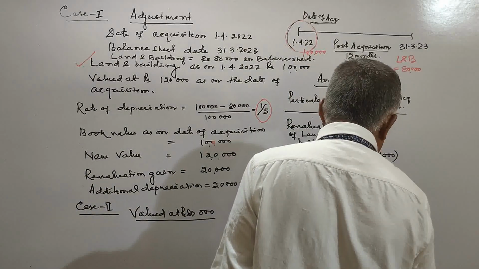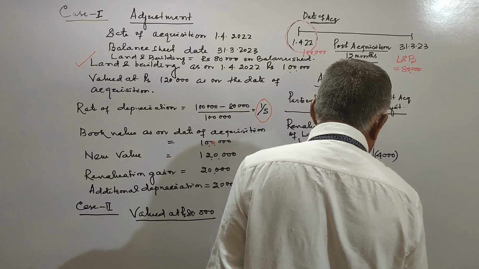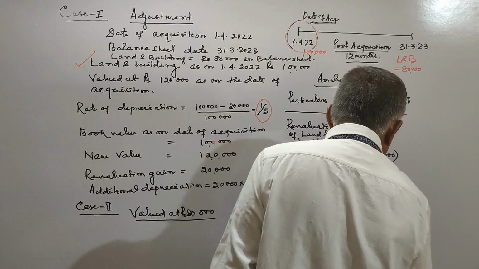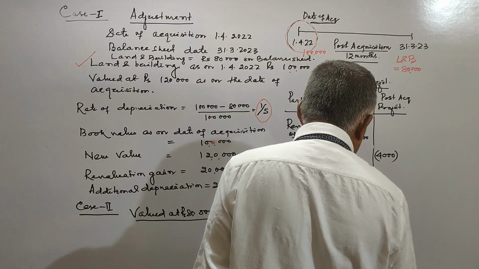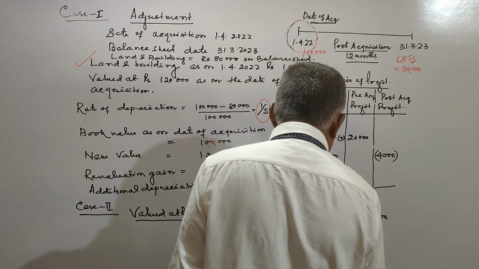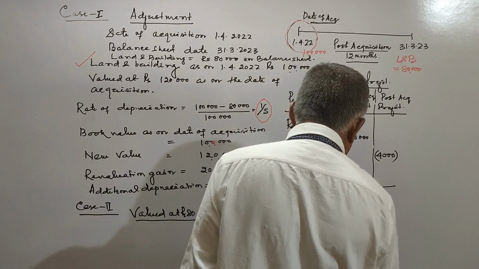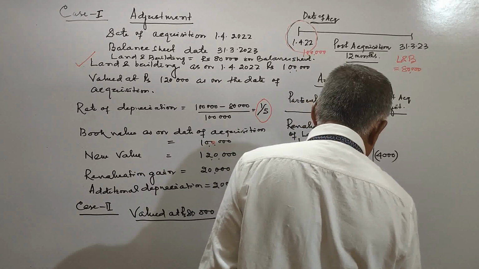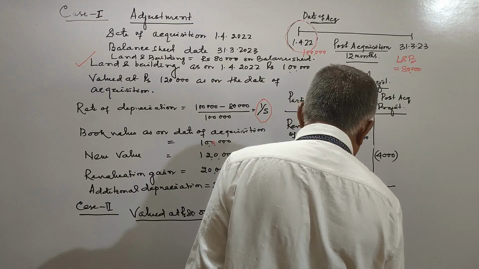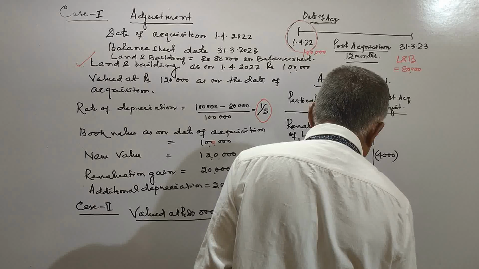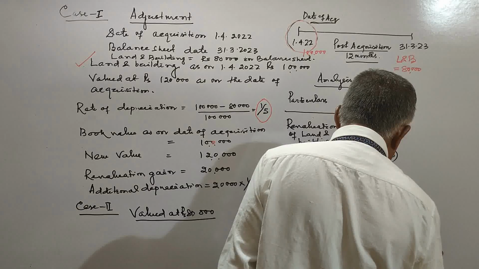Revaluation profit we can also write like this: it was 80,000, revaluation gain 20,000, less depreciation 4,000, this is 96,000.